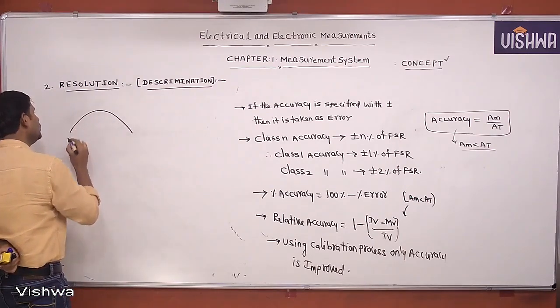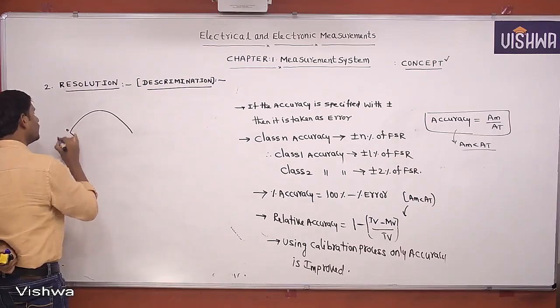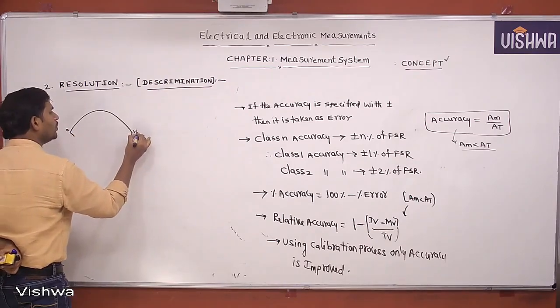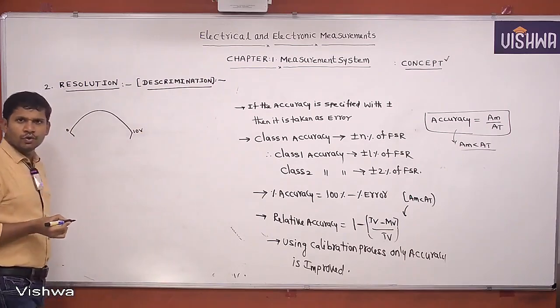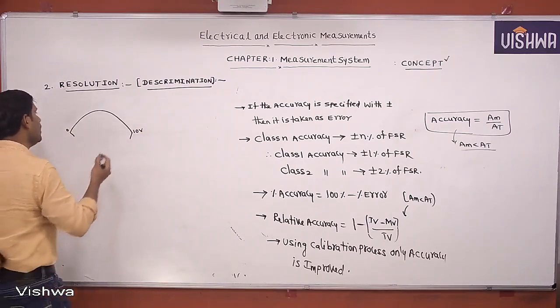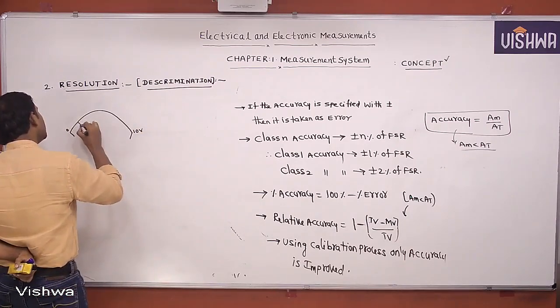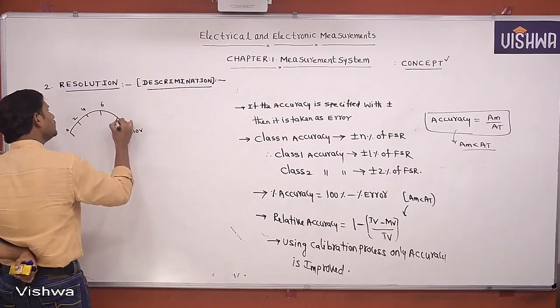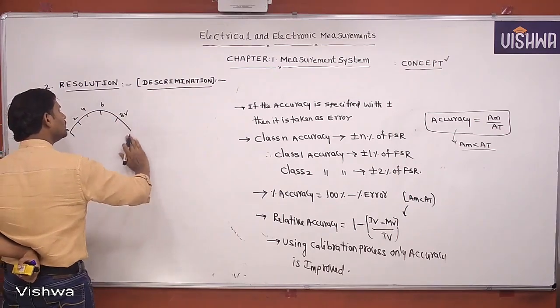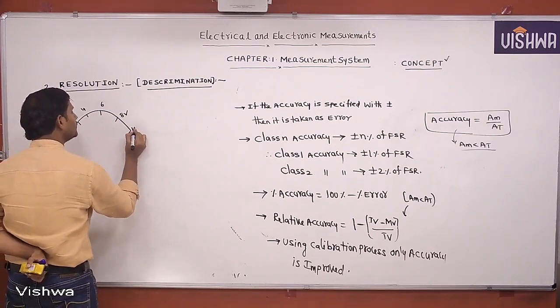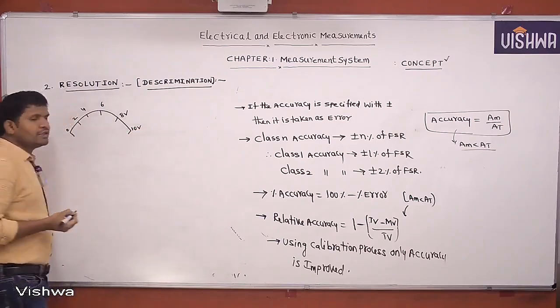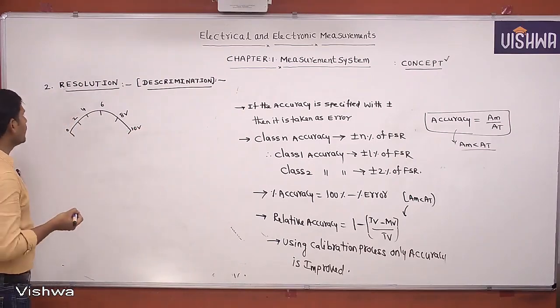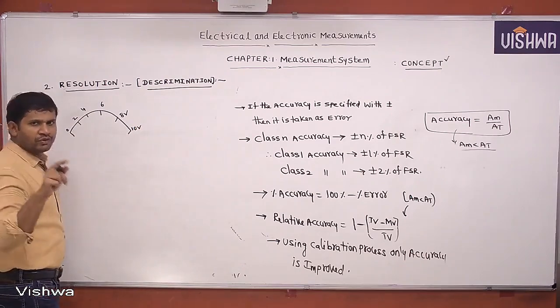Let us consider a 0 to 10 volts voltmeter. The divisions are like this: 2 volts, 4 volts, 6 volts, 8 volts, and 10 volts. This is a 0 to 10 volts voltmeter having 5 divisions.